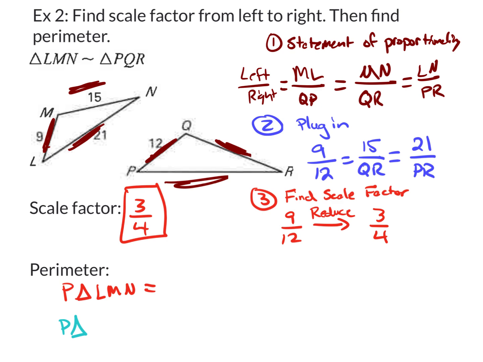And I need to find the perimeter of, what's the other triangle's name? PQR, okay? We just got that from up here. We just used the name that they had given them. Can I find the perimeter of triangle LMN? Yes. What do I do? Add up 15, 9, and 21. 15 plus 9 plus 21. We get 45. So that one's easy.